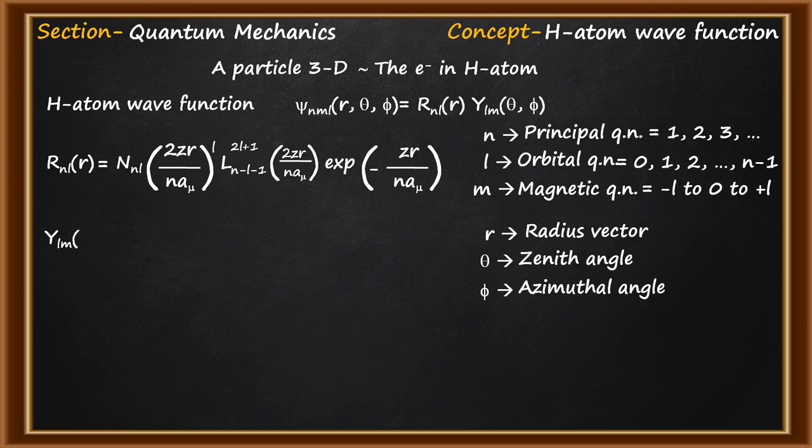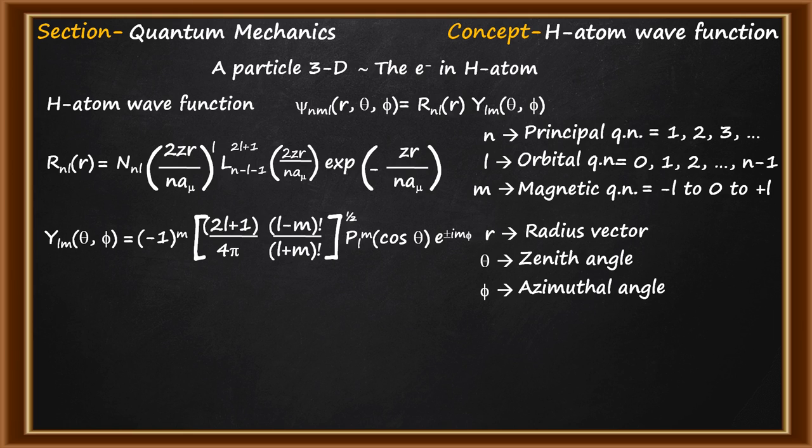Similarly, Y_lm(theta, phi) is equal to (-1)^m times the square root of (2l+1)/4pi times (l-m)!/(l+m)!, times P_lm(cos theta) e^(±im phi). Here P_lm(cos theta) is the associated Legendre polynomial.